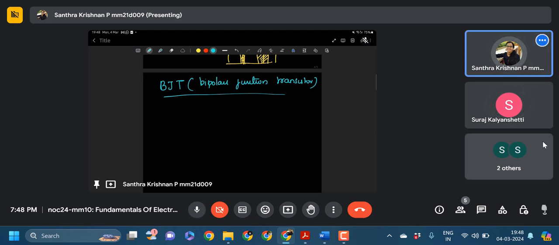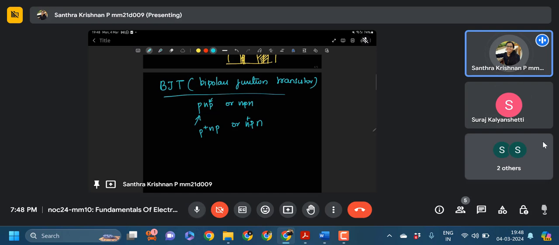So in BJT there are three regions of doping, and the configuration can be either PNP or NPN, or one P or N can have an excess doping, so it will be P plus NP, or say N plus PN.